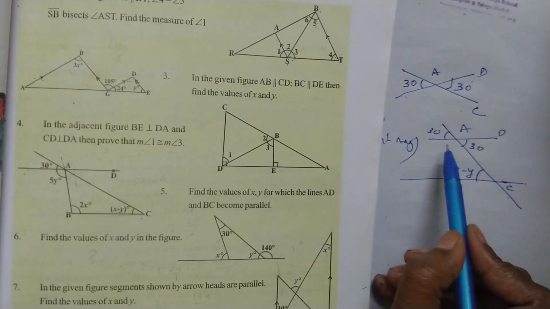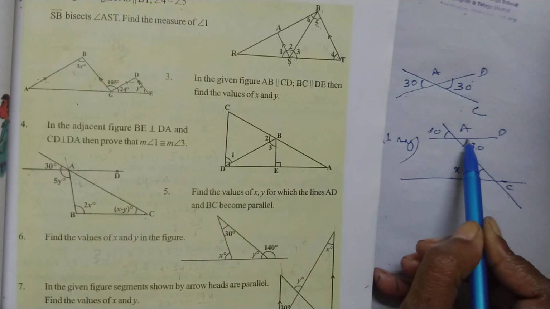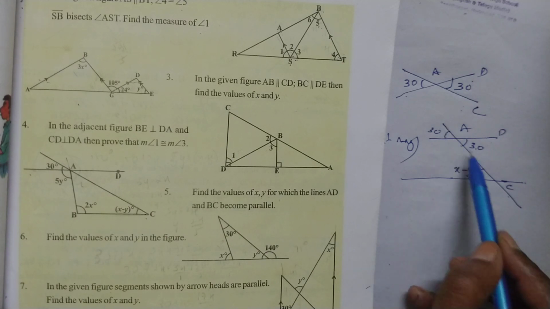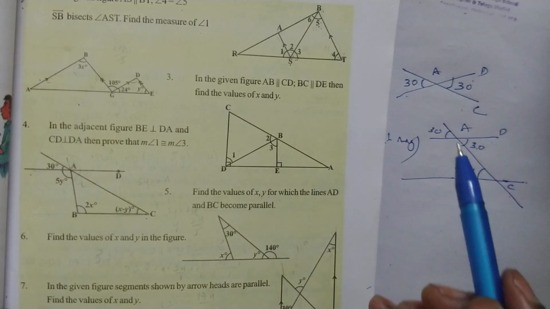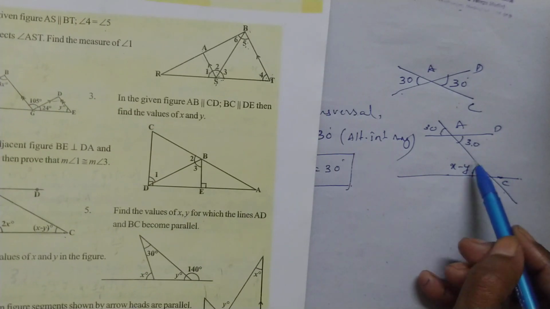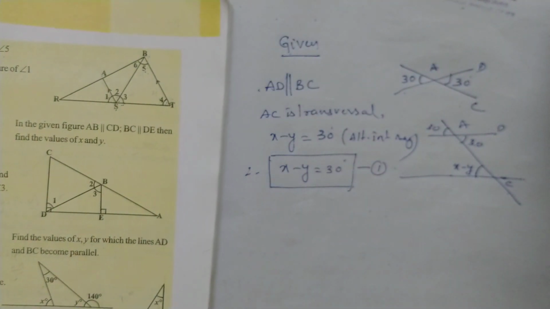So the x minus y value is 30 degrees. We'll take it as the first equation.